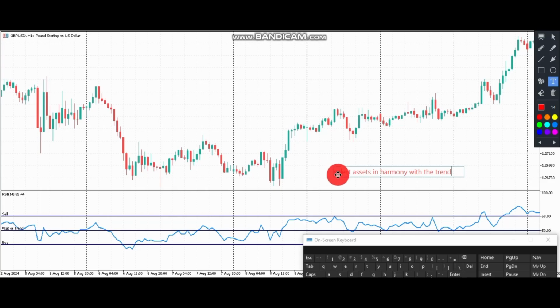That is number two. Select assets in harmony with what? With the trend.